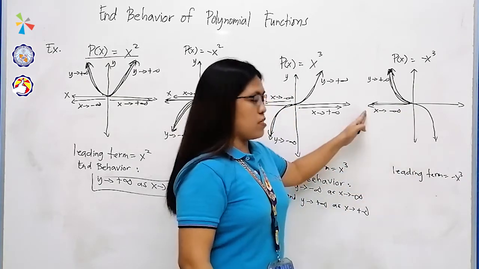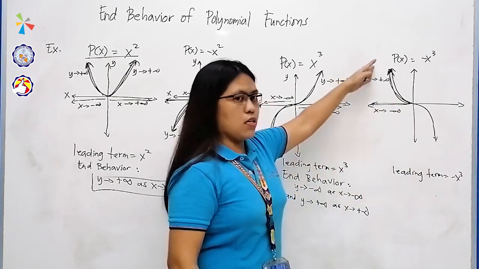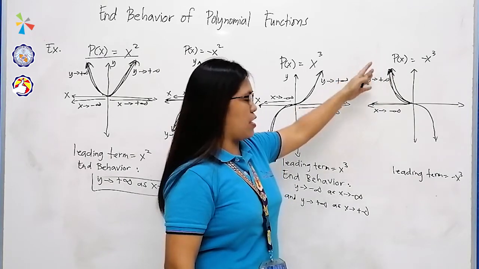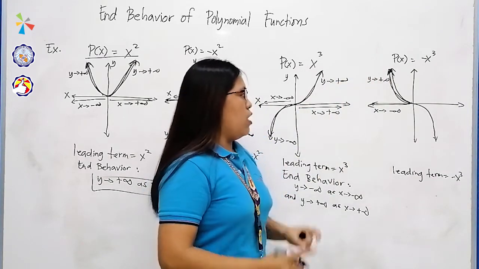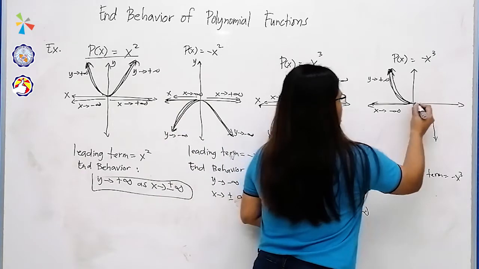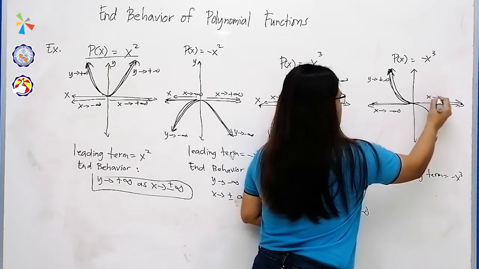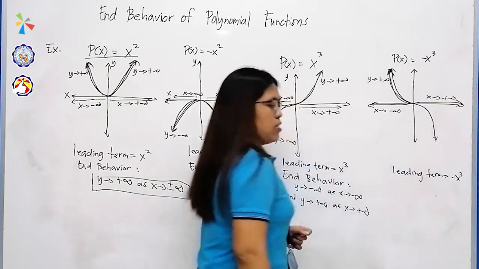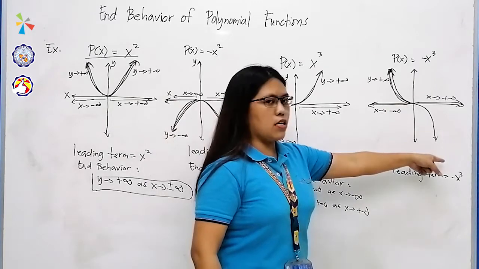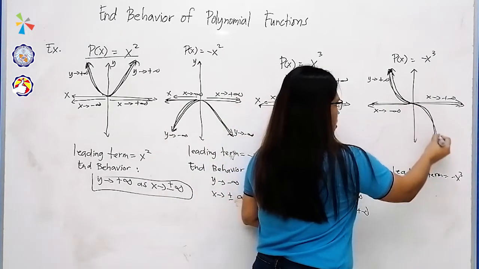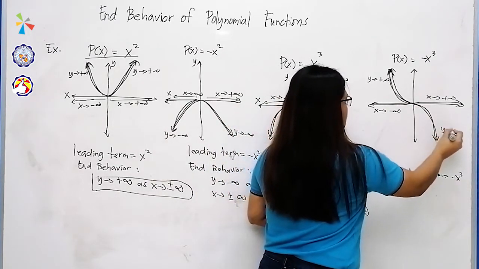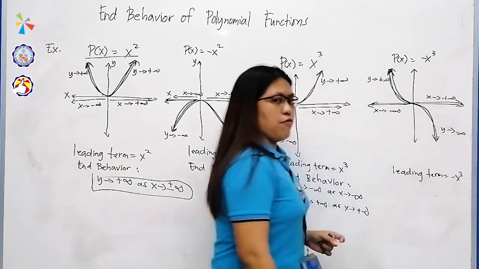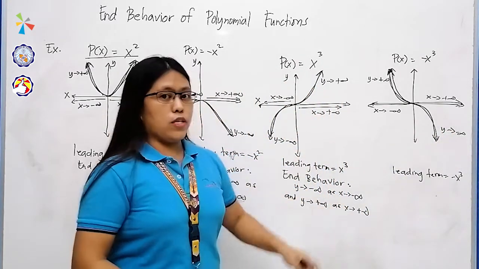On the other hand, if the value of x increases to positive infinity, we see that the right side of the graph this time decreases without bound to negative infinity.